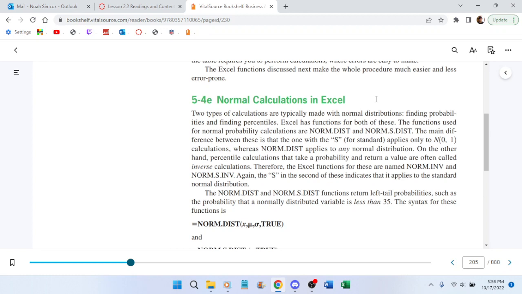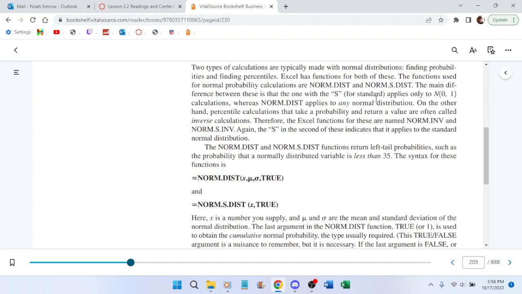Those functions return the probability that a normally distributed variable is less than 35.